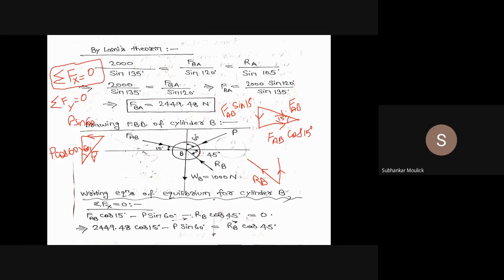Then from this point, if I draw a horizontal line towards the negative x-axis, then I will reach RB, and this angle is 45 degrees. If this is 45 degrees, can you tell me what is the value of this horizontal component?